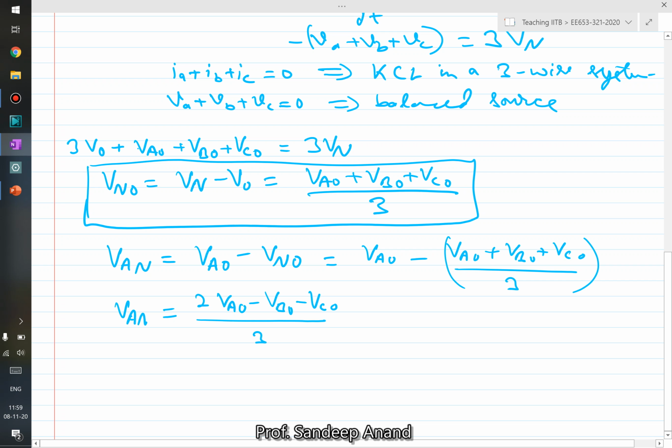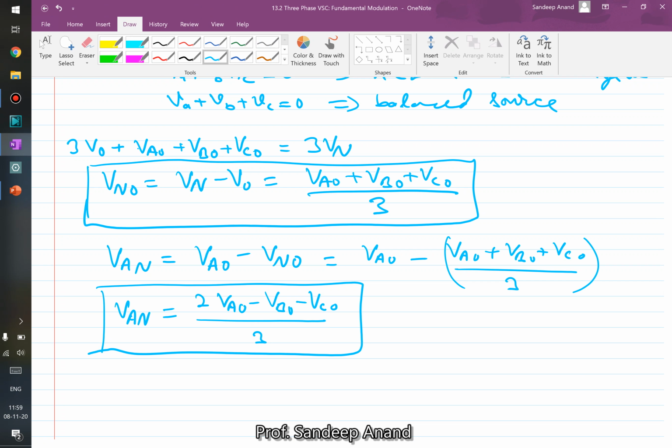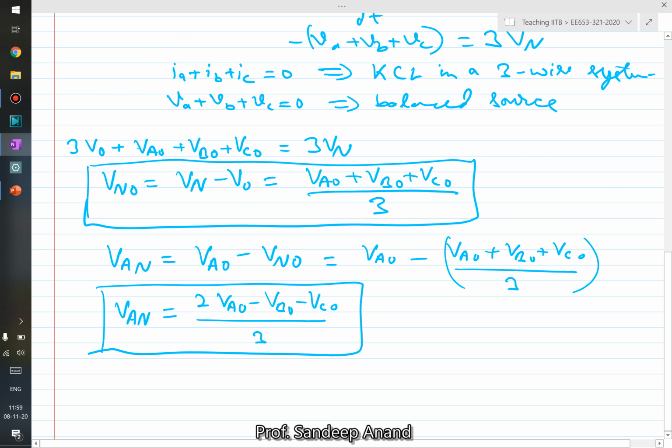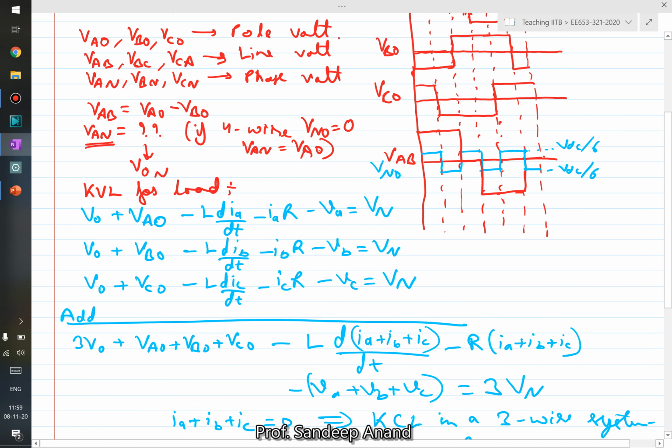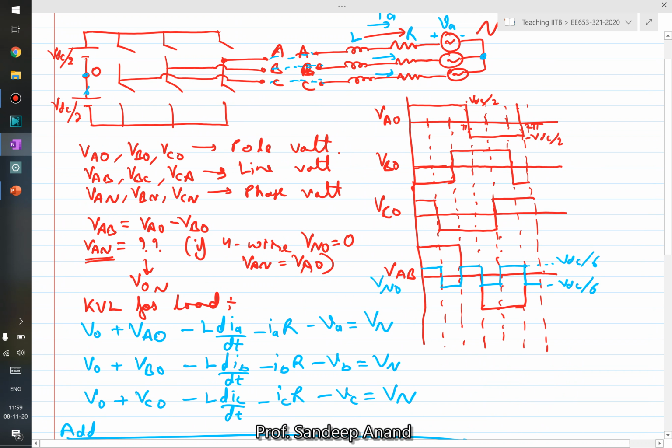This is going to be the expression for VAN. You can similarly derive expressions for VBN as well as for VCN. Let us try to draw this waveform now. Let's try to draw VAN here.